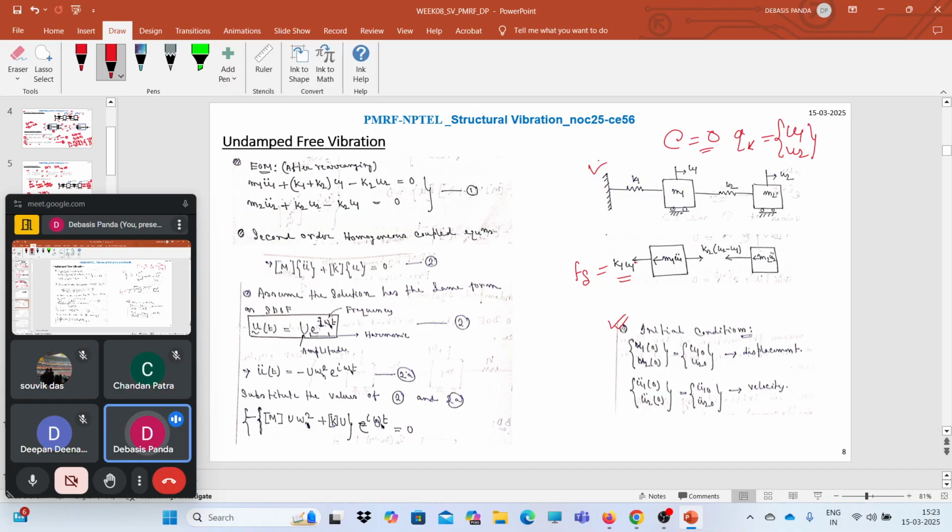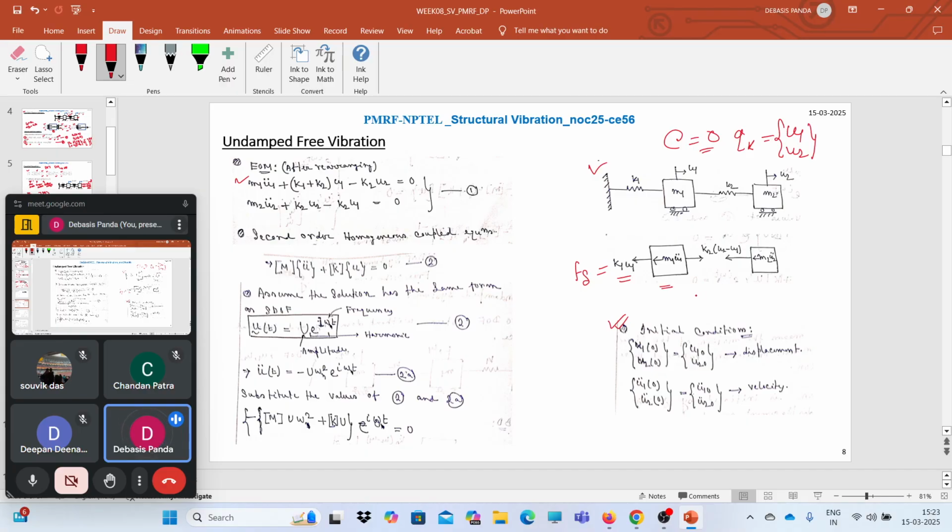So if we now write the equation for this 2 degree of freedom system, we will have m1 u1 double dot plus k1 u1 plus k2 (u1 minus u2) is equal to 0 for the first degree of freedom.